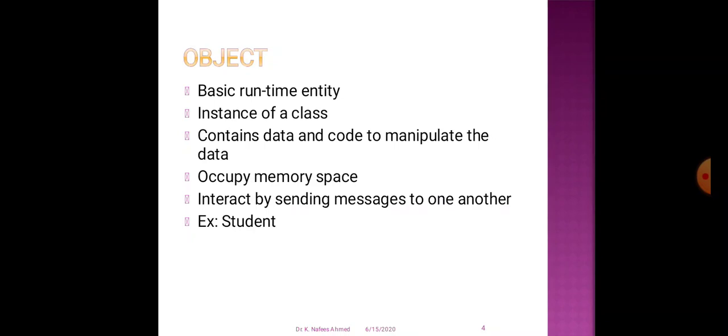It's an entity, it's an object, and for that particular object called student, we are having data members like roll number, name, marks, etc. And similarly for that object student, we are having a function or code, say for example calculating the total, calculating the average or percentage, calculating the result, and calculating the attendance, etc.